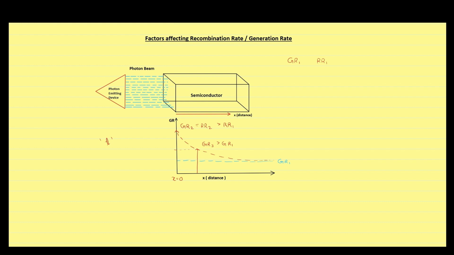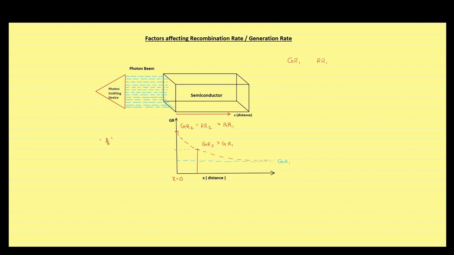But remember that we have taken x to be very long. So you can see that the generation rate is actually dependent upon position coordinates relative to the semiconductor, which has highest generation rate at its surface and will keep on decreasing as we go deeper into the semiconductor.